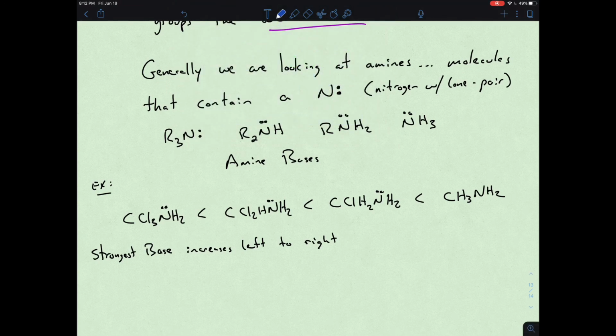Here we have electron donating groups, while the Cl is an electron withdrawing group.